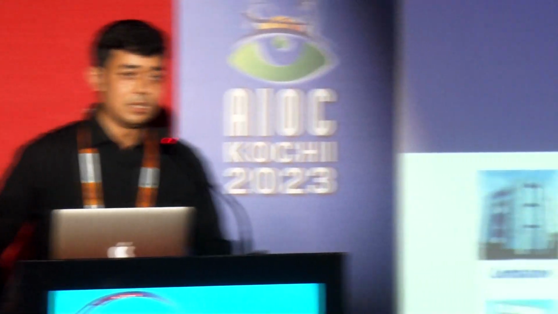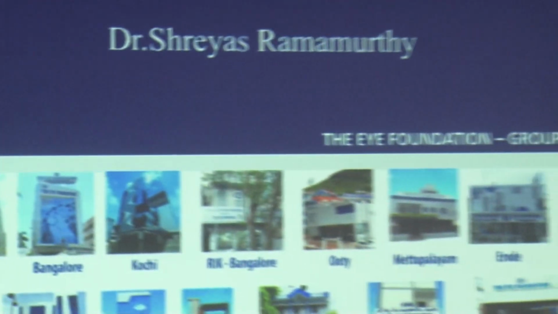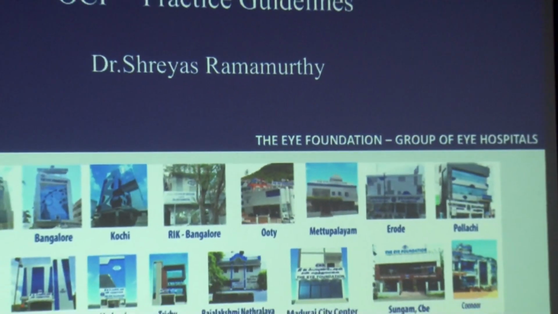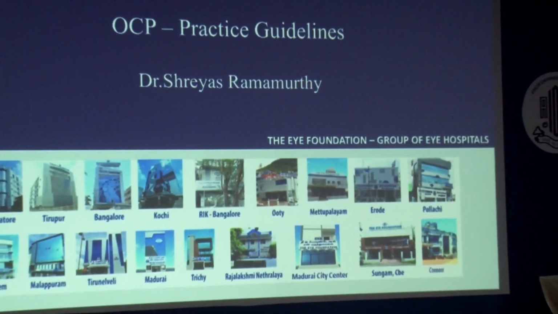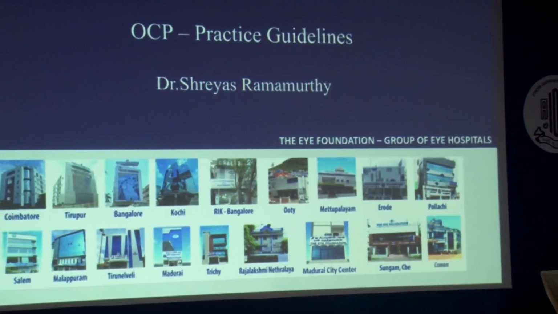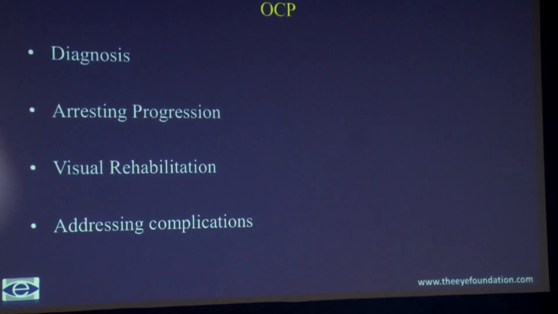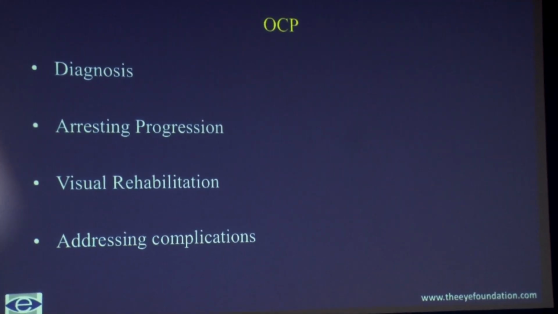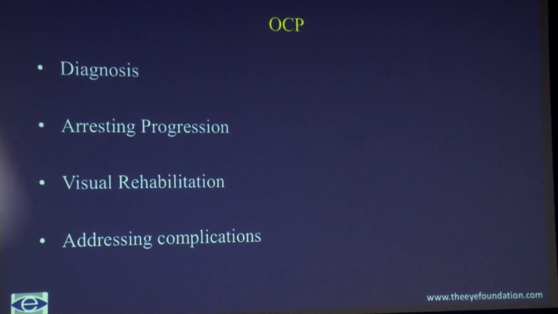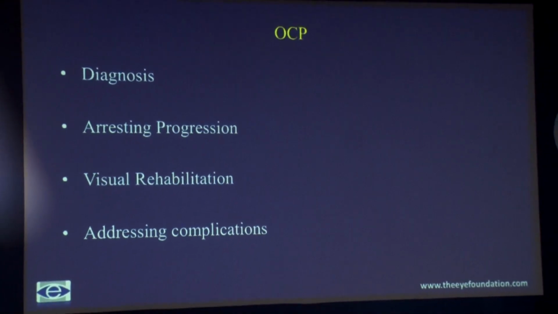So today I'm here to talk about ocular cicatricial pemphigoid, and I'll just throw some highlights of it in a brief manner in the time available, and also through some brief cases try to highlight important points. With OCP, I think the most important thing is to make the diagnosis as early as possible.